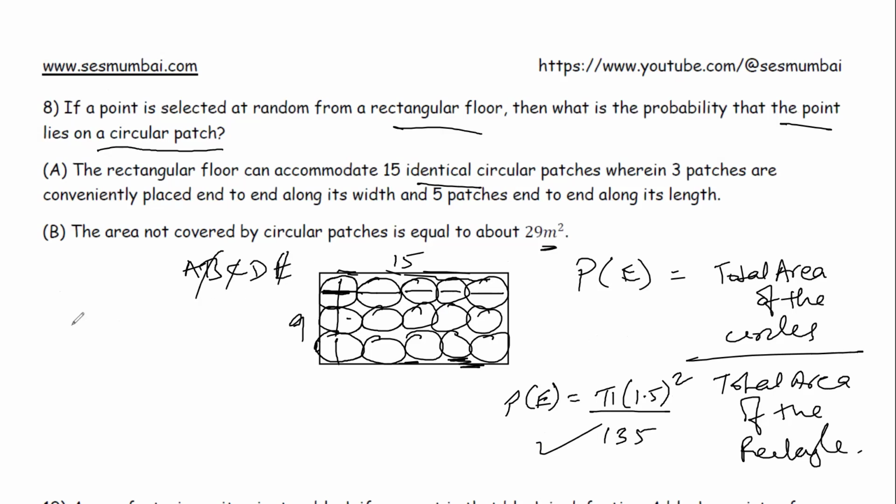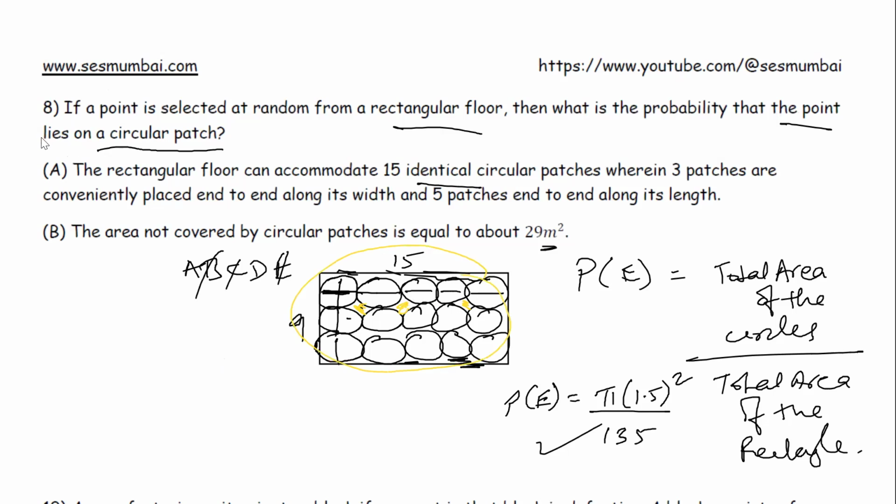Now we look at statement B. The area not covered by circular patches is equal to 29 meters square. So this portion in yellow is 29 meters square. But the problem is that without statement A, this diagram is not possible.